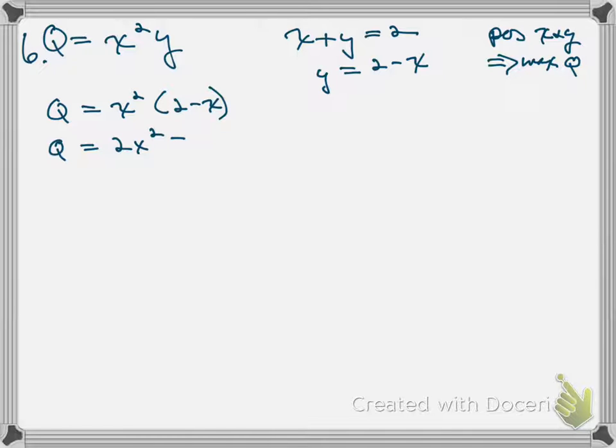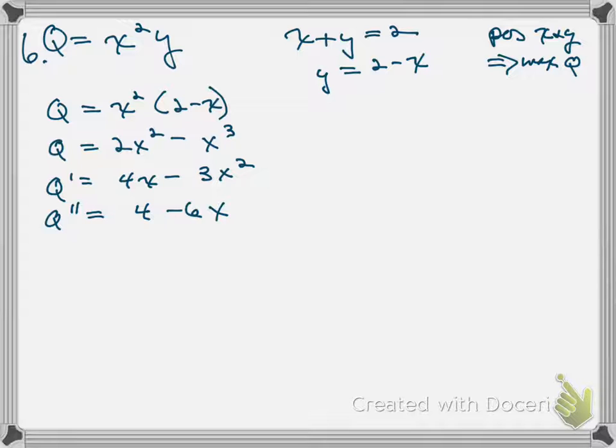So if you do that, I'm going to get this expression. So now take your first derivative, and I get 4x minus 3x squared. I went ahead and took my second derivative right away, and I got 4 minus 6x. So that second derivative is going to vary with the value of x.